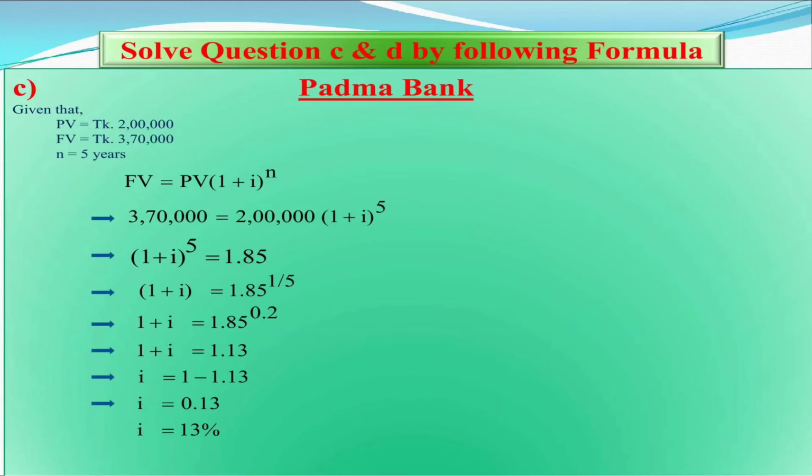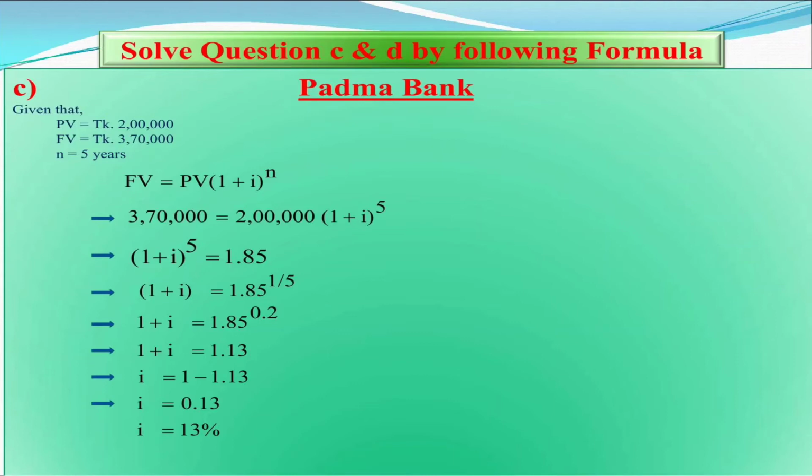We need to change it: (1 + I) to the power 5 equals 1.85. How did we get 1.85? 3,70,000 divided by 2 lakh equals 1.85.